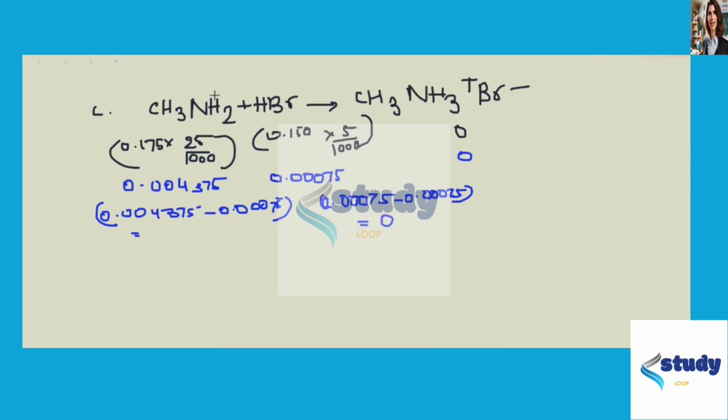The amount of base that's left behind, because remember it was in excess, so some of it is still in your solution, and the amount of salt formed will be 0.00075, right? Now you have the task of finding the pH. pH again, really simple, minus log H plus.